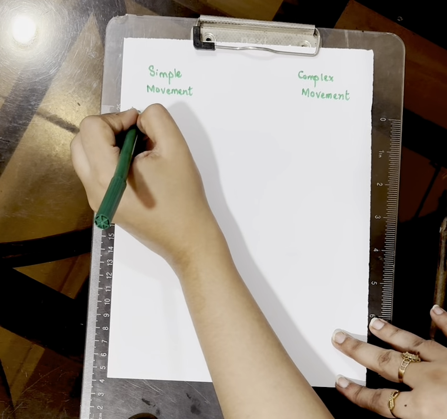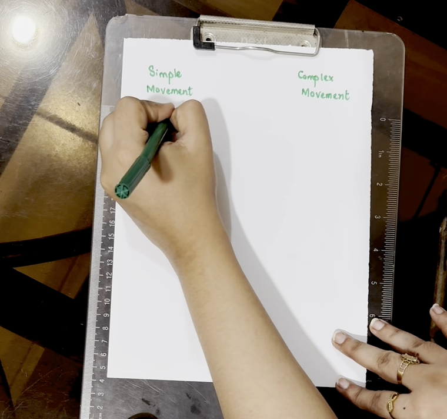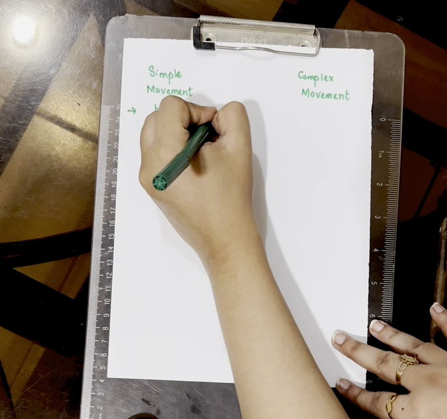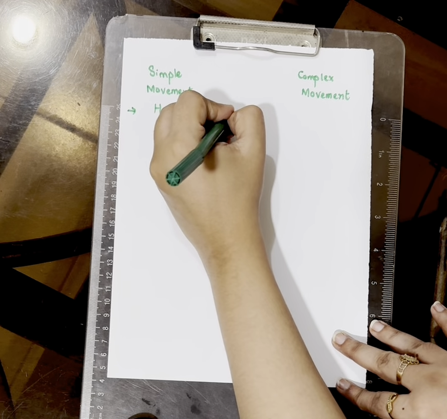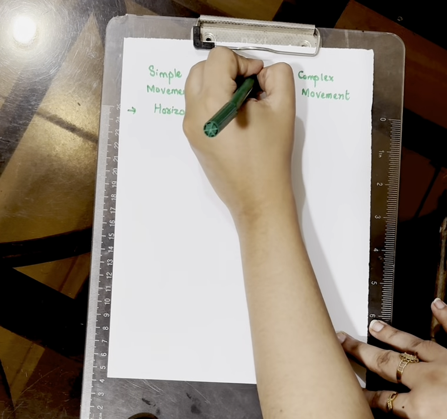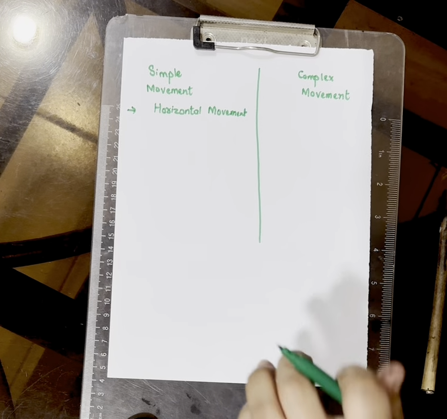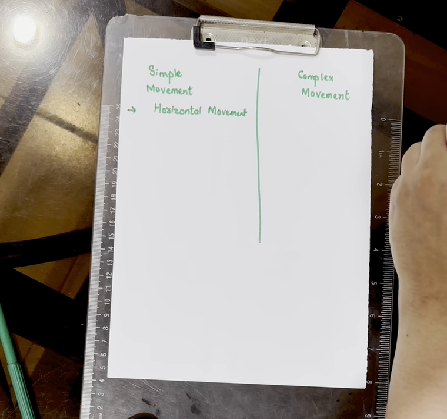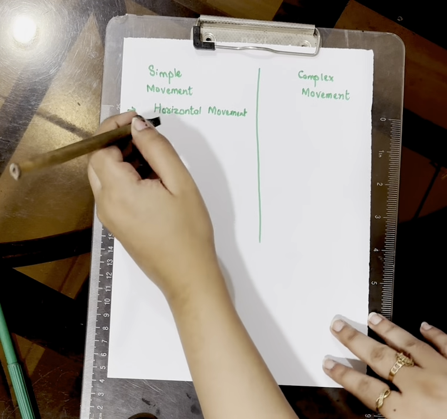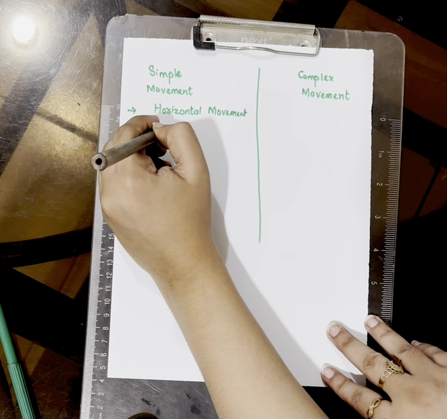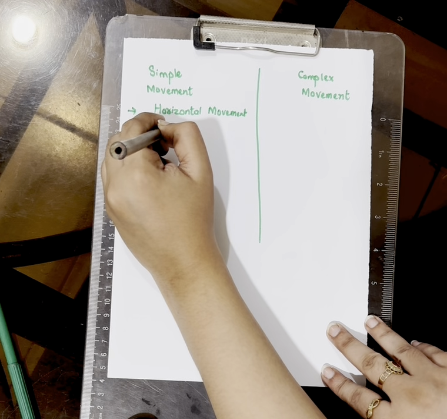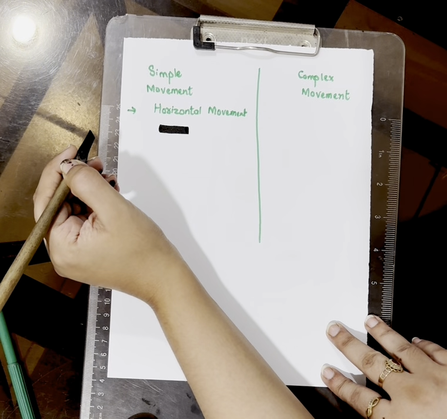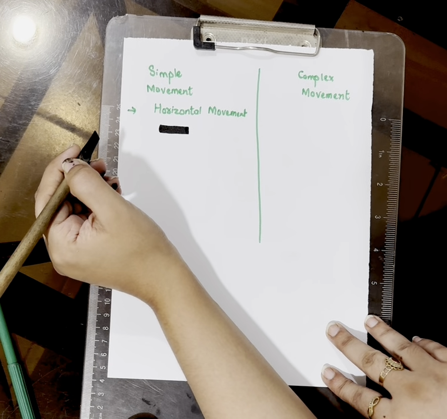The first type of simple movement is horizontal movement. Place your kalam at a 90 and move your kalam at a 90. This is the horizontal movement of the kalam.